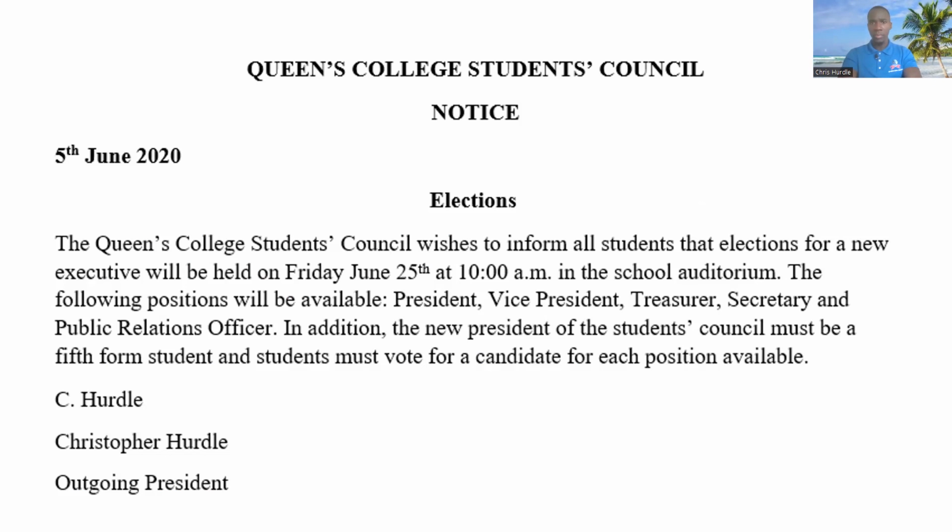Underneath that you put the word in caps, notice. Then you have the date in the left-hand corner. Then you put the subject in the center, and then you begin to write your notice, including all the information that the scenario requires. You sign, you write your name, and then you write your designation. And that's it. And that would be it for notices.